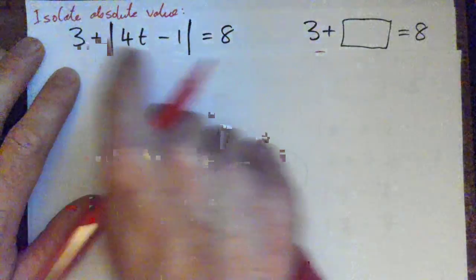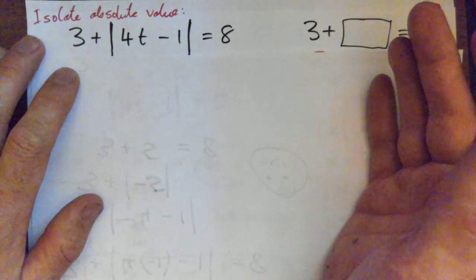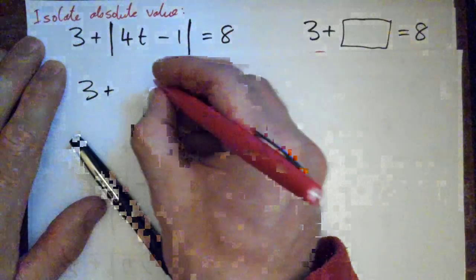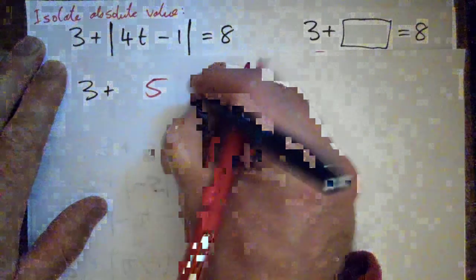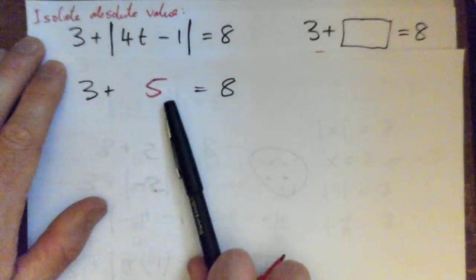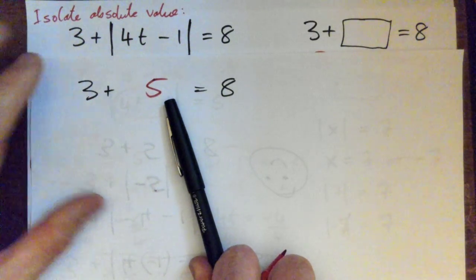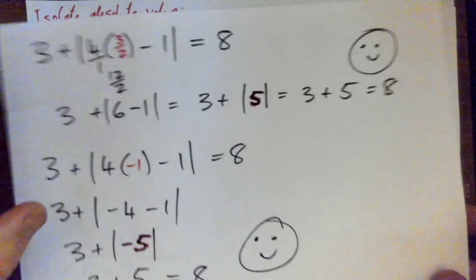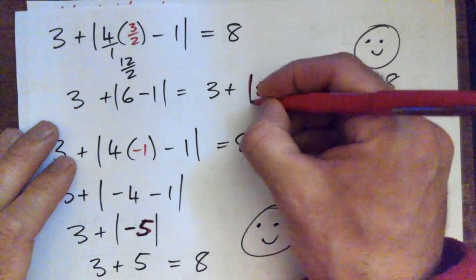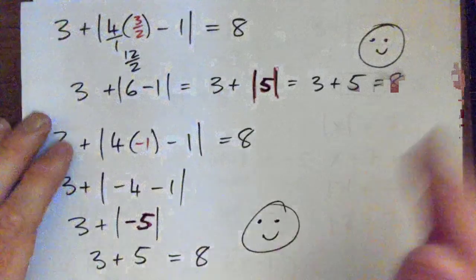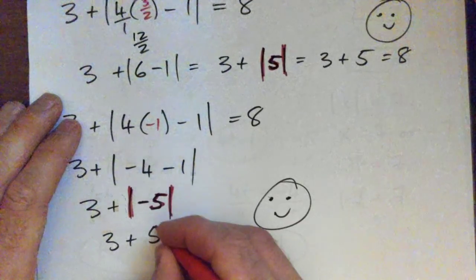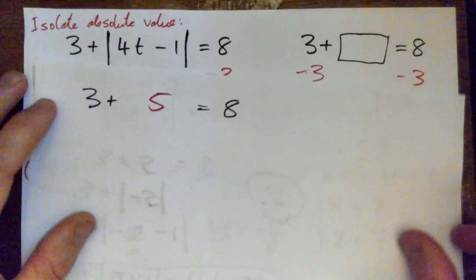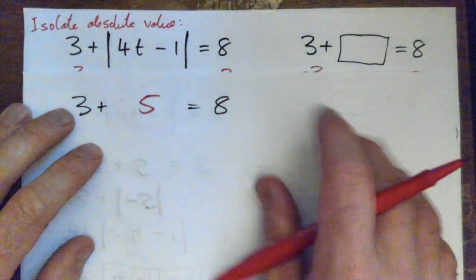Well, 3 plus what gives 8? 3 plus 5 must give 8. So this weird thing here must be 5, because 3 and 5 is 8, right? And of course that weird thing turned out to be 5 because absolute value of positive 5 is 5, or absolute value of negative 5 is 5.